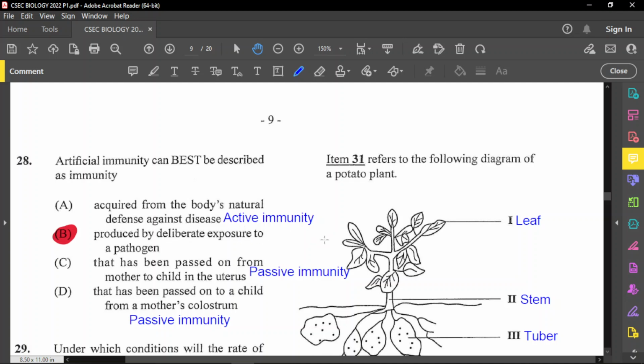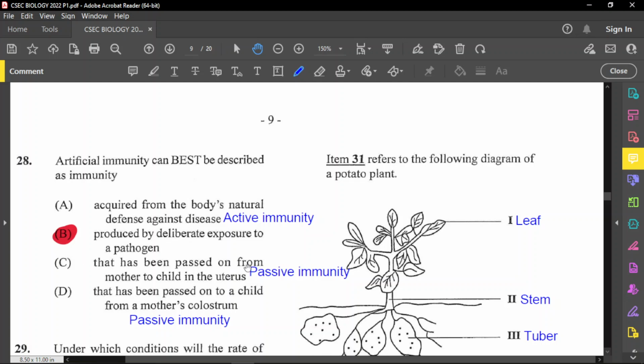And so it is not acquired from the mother. Acquired from the body's natural defense is what we call active immunity. It is produced by deliberate exposure to the pathogen, such as doing vaccinations. And so B is an action by man or us.